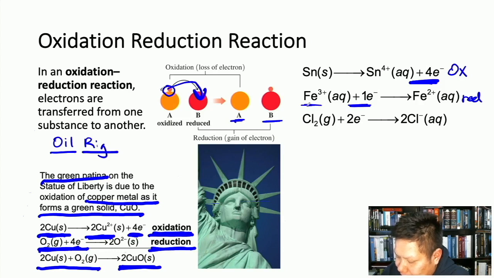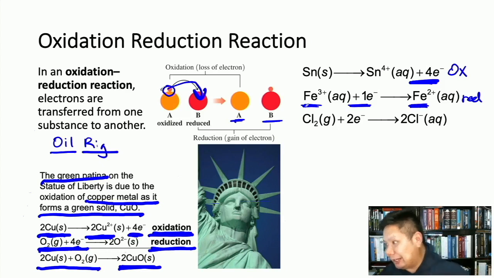If you remember, we talked about this before with hemoglobin. When oxygen attaches to iron, right? Before it gets to oxygen, the iron is actually in iron 2. But then when oxygen binds to the iron 2, it becomes iron 3.